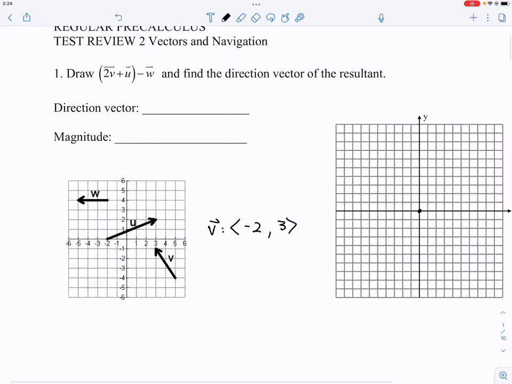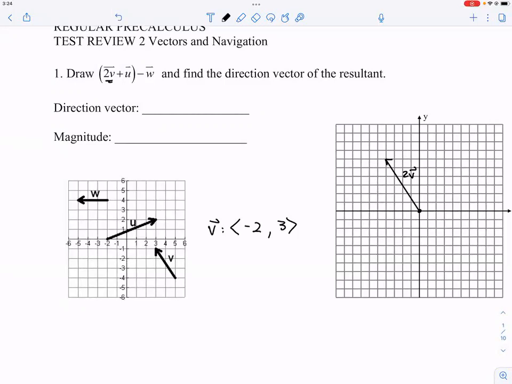But wait, hold on. It is 2V, so I have to double. So I'm going to the left 4 units and then up 6 units. So 1, 2, 3, 4, 5, 6. All right. So left 4 units and up 6 units. That will be my 2V.